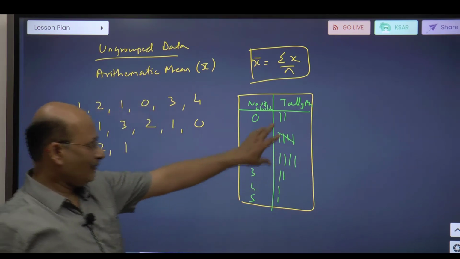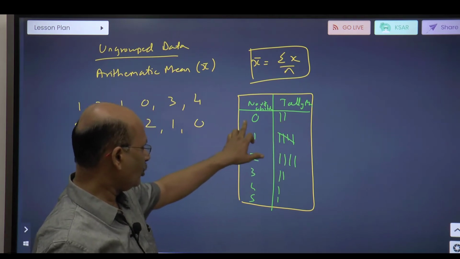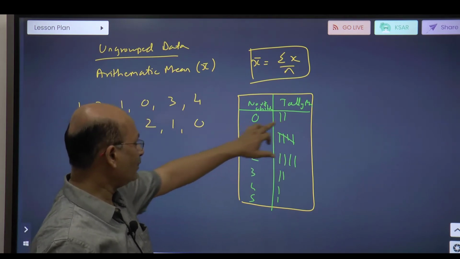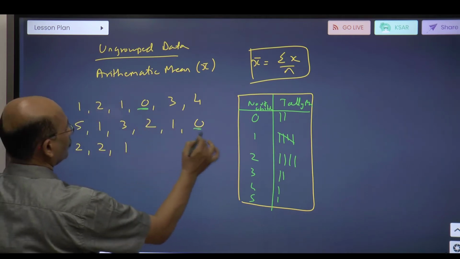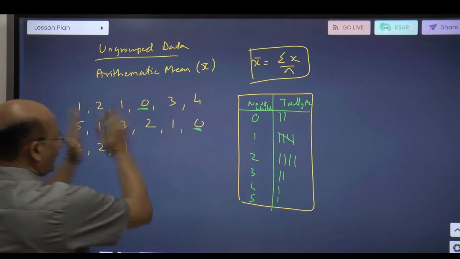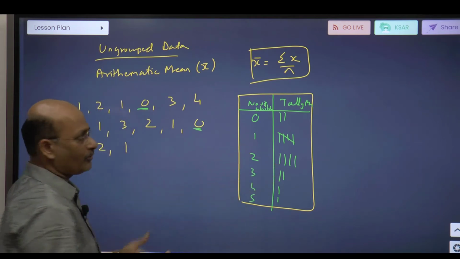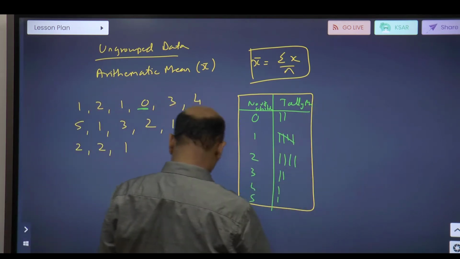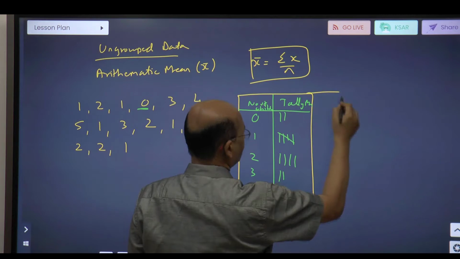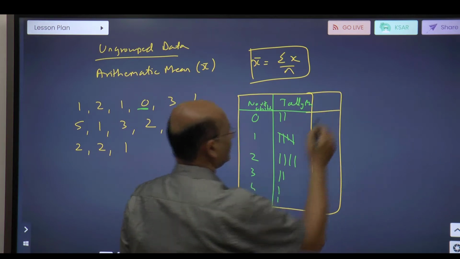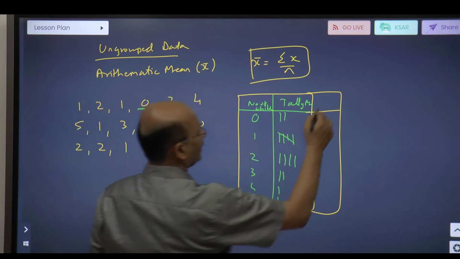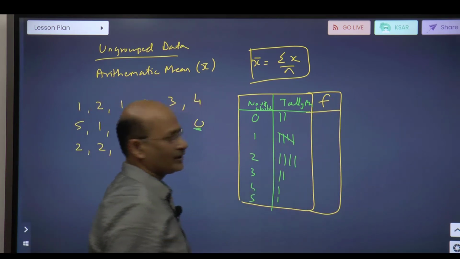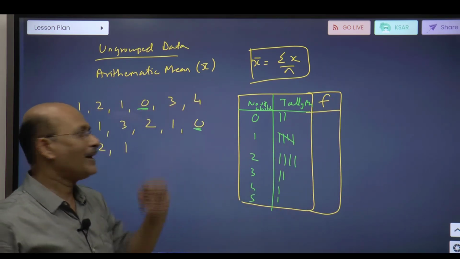Now this is the number of times that, say, 0 children occurs. How many families? 2 families are having 0 children. So what I am doing is compressing this data so it becomes easier to understand. The number of times an observation is repeated is called frequency, denoted by small f.